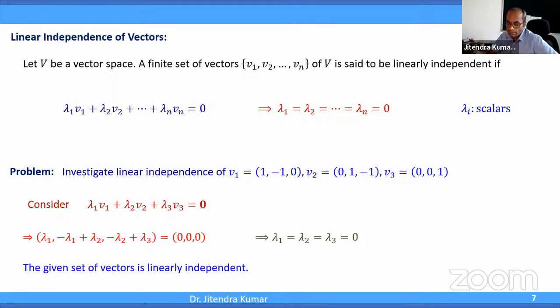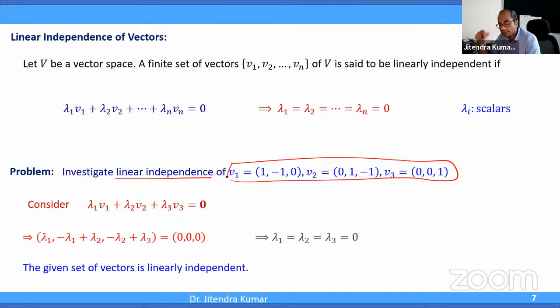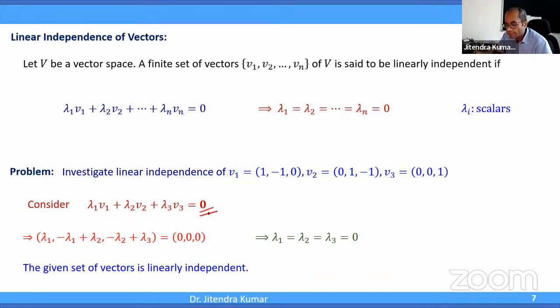So just an example: if you want to investigate the linear dependence or independence of these vectors, what we need to show is that their linear combination, lambda 1 v1 + lambda 2 v2 + lambda 3 v3, set equal to the zero vector, forces all the lambdas to be zero.